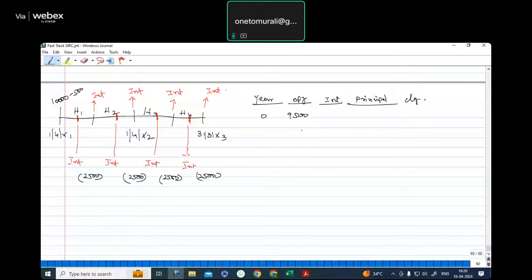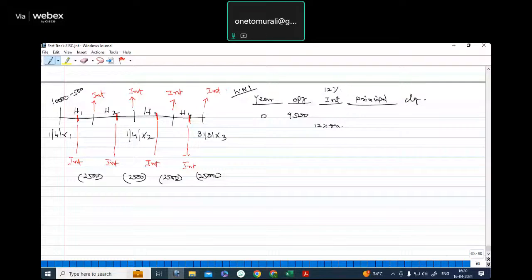So working on number 1. Interest is computed at 12% on 10,000 for a 3 months period. So how much does it work out to? 0.12 into 10,000 divided by 4, 300. Principal, no principal payment that you make.